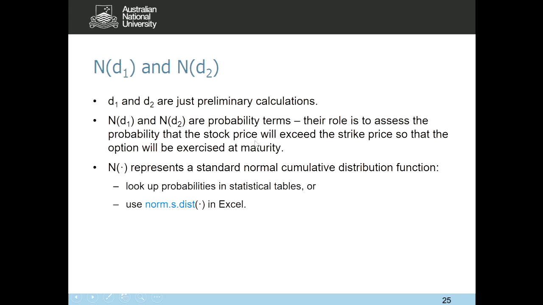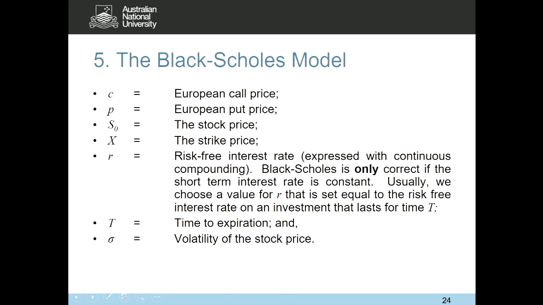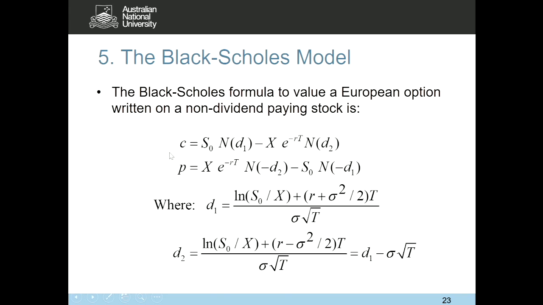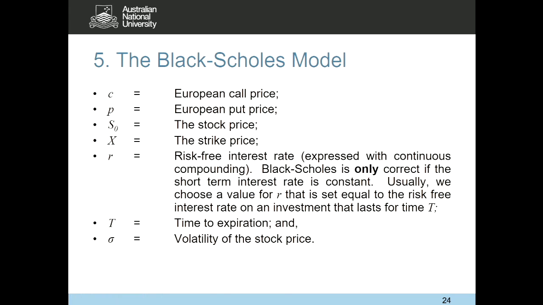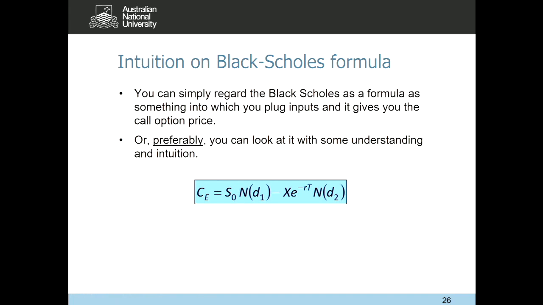Then you plug N(d1) and N(d2) back into the equation, and you can work out the call option price. So we're going to do that in a second. It's fairly straightforward. And the next thing I want to talk about is some intuition behind the Black-Scholes formula. All right, so that's the Black-Scholes formula to calculate the European call option price.